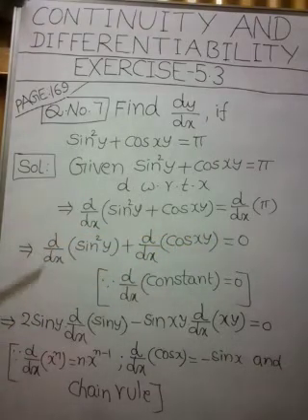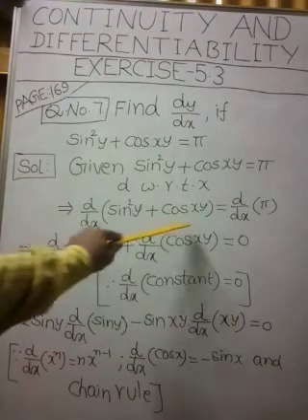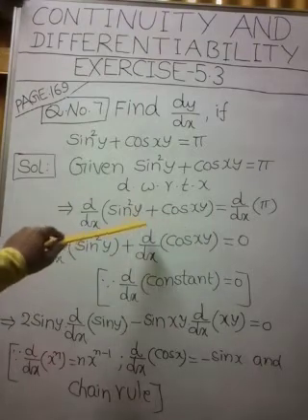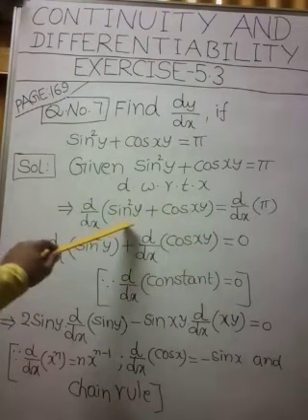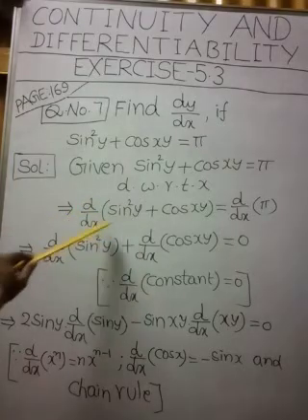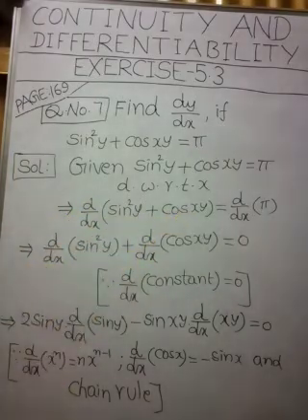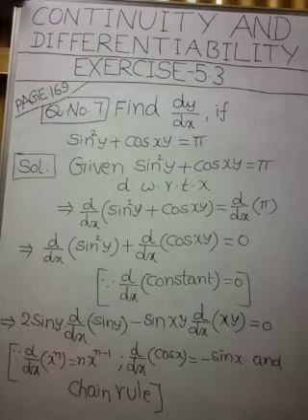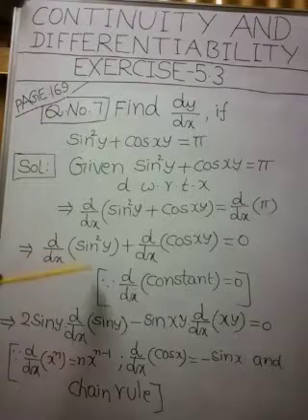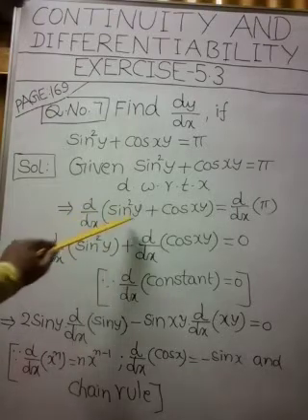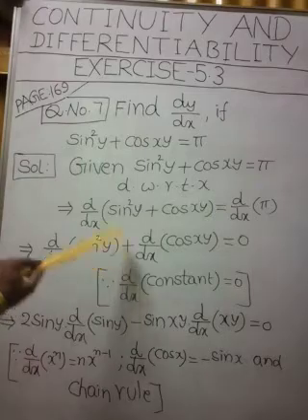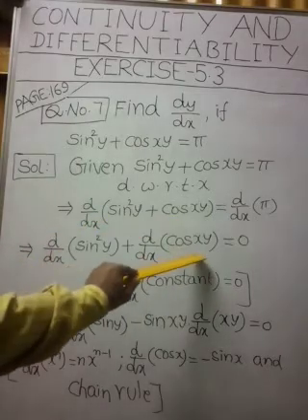Now observe this LHS. In the LHS there are two terms, so we have to find the d by dx of these two terms. In that case, we can find the derivatives of the two terms separately. That is why I am writing this step: d by dx of sin square y plus d by dx of cos xy.